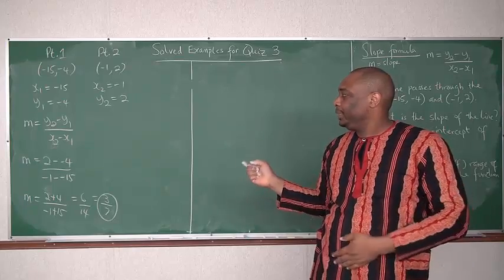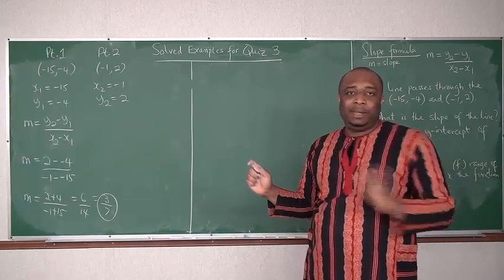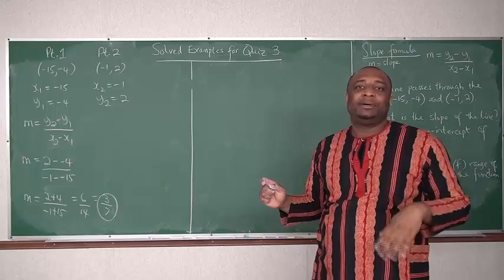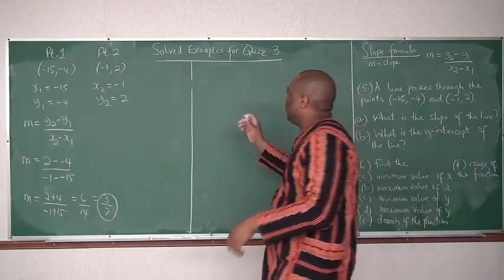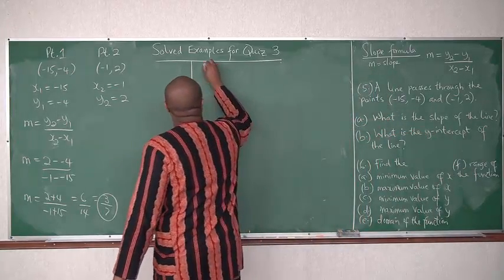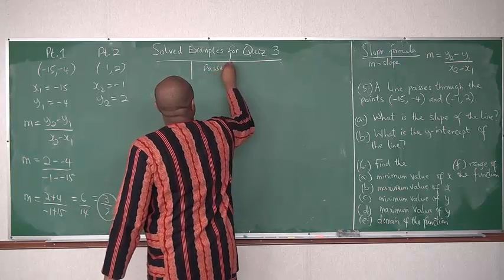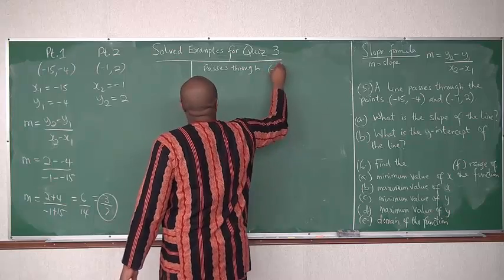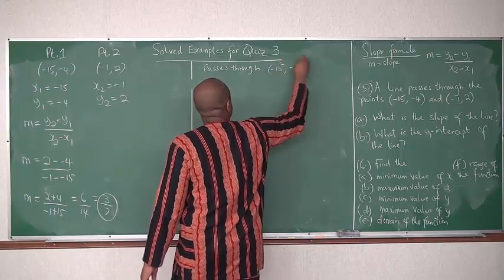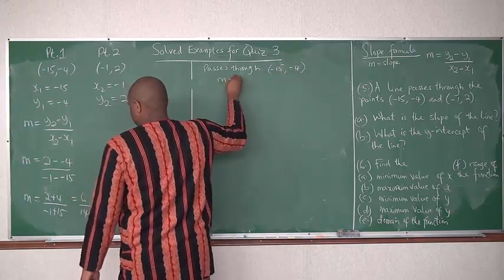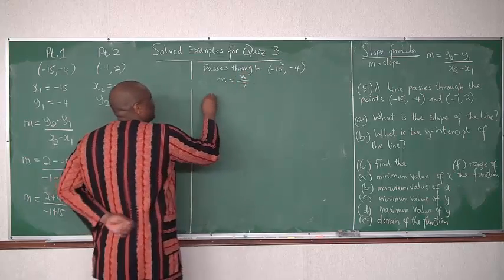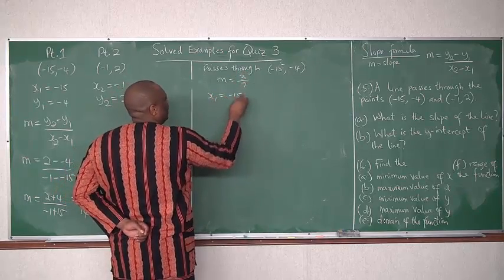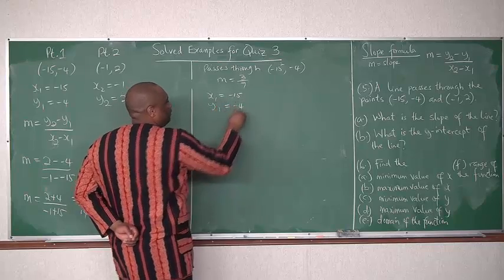That's the beauty of it. When you use any point, you will still get your answer. So if I use point 1, the line passes through negative 15 and negative 4, and the slope is 3 over 7. So this means that my x1 is negative 15 and my y1 is negative 4.